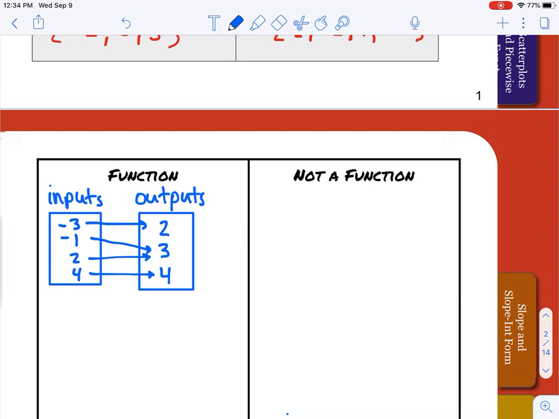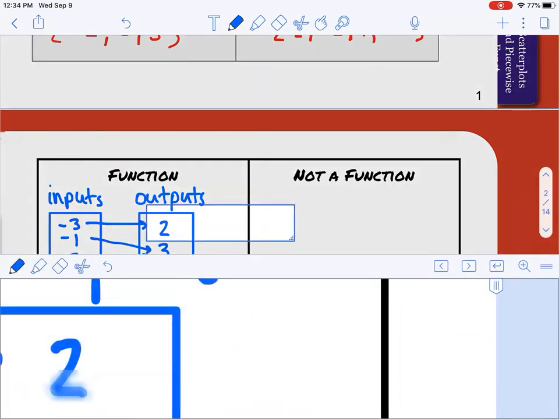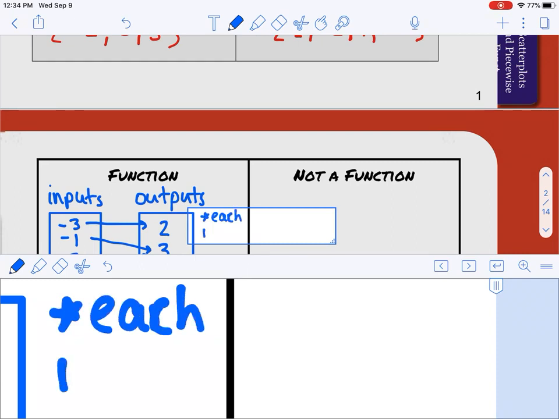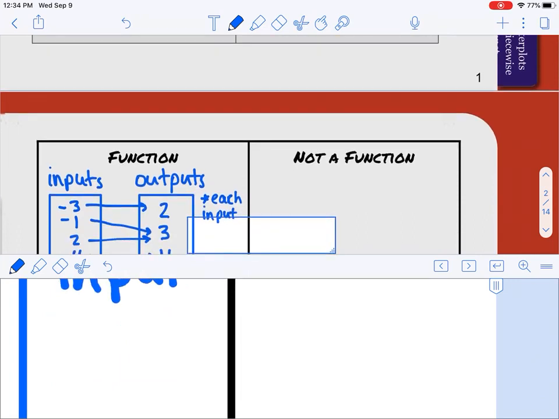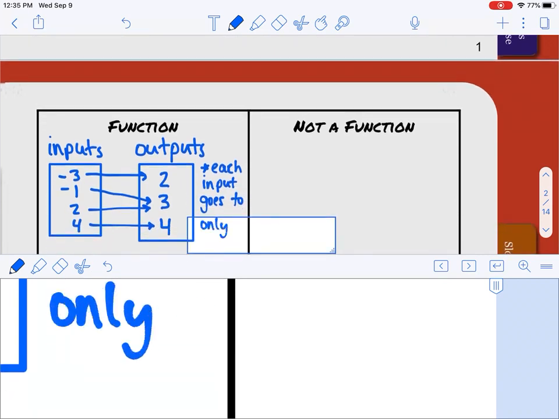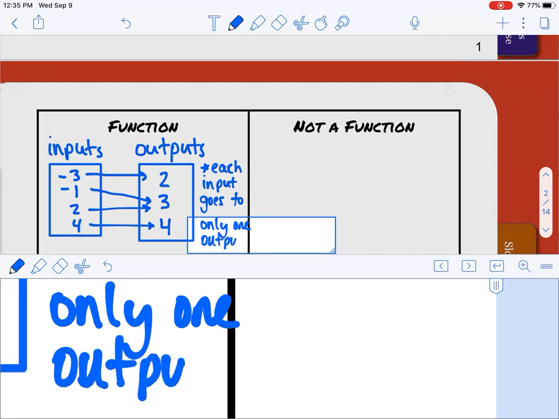So you'll notice here that each input goes to only one output. So this is considered a function.